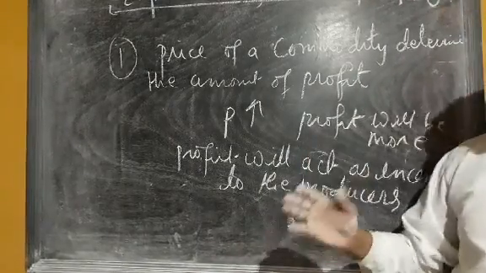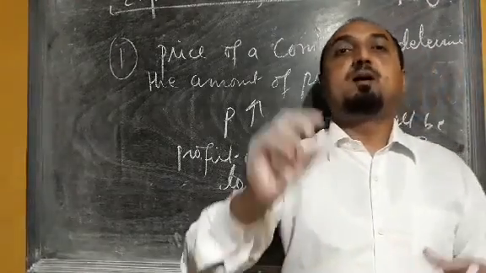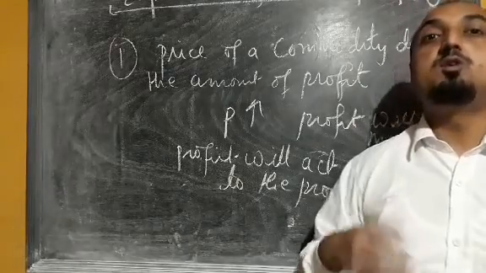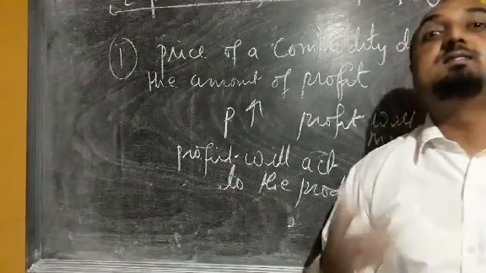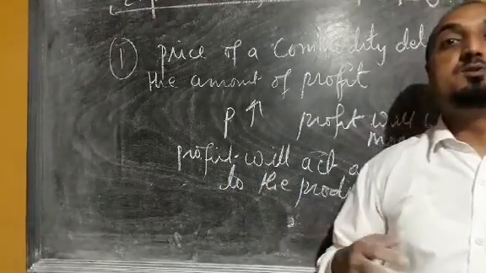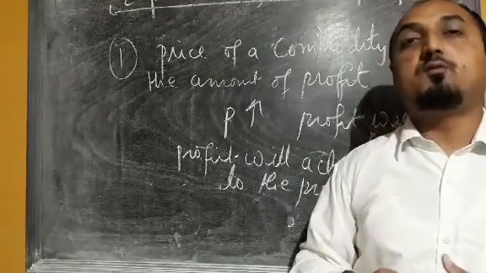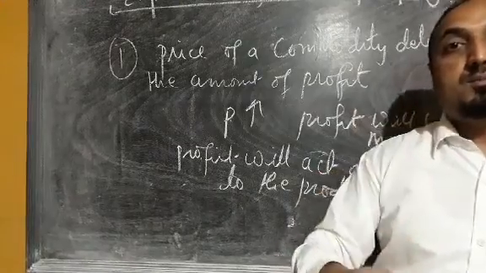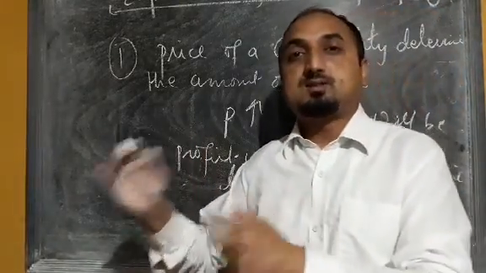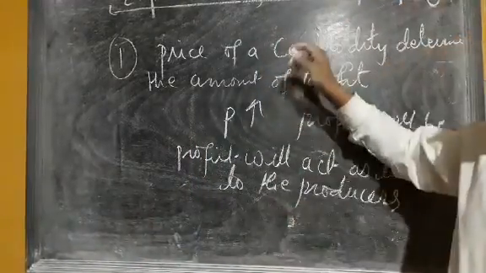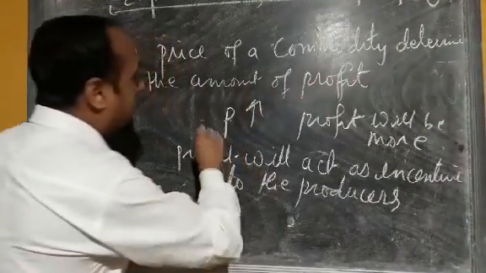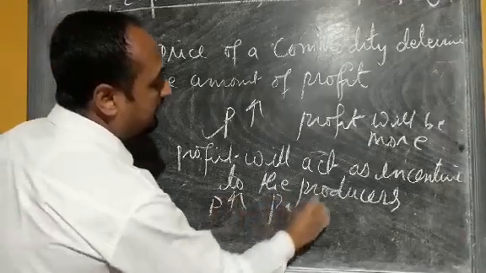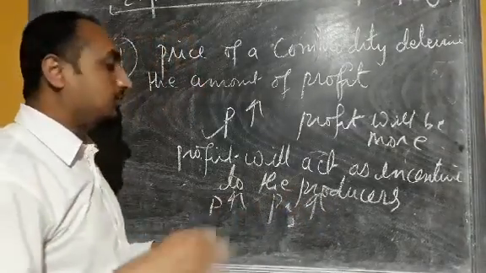So when the price is high, the profit margin will be more, and that profit margin will motivate the producers, and they will start producing more and offering more for sale. That is the reason why, when the price is high, profit will also be high.